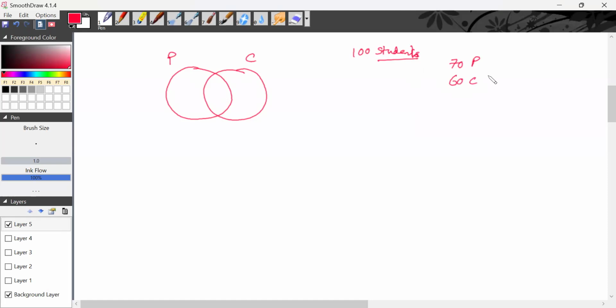right? अब मैथ्स नहीं लगाना, ठीक है? Just tell me one thing. If I tell you that I want to find the minimum value of union of P and C, union of P and C, क्या हो सकता है?